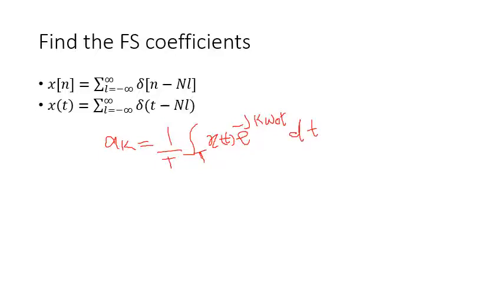Similarly, for discrete time it will be 1 by N, summation over a period, of x[n] e^(-jkΩ0n). It will be by putting values.